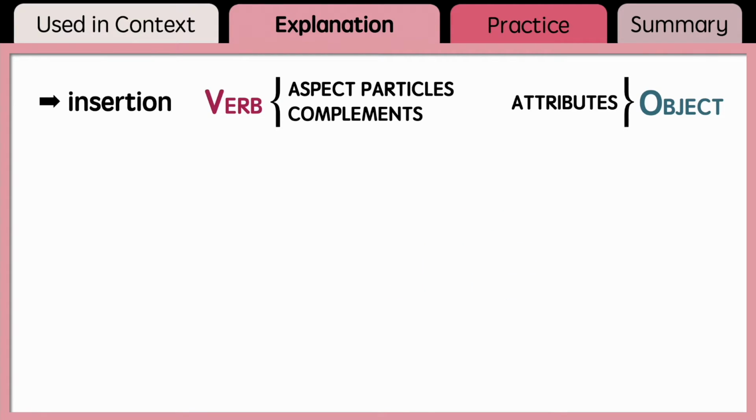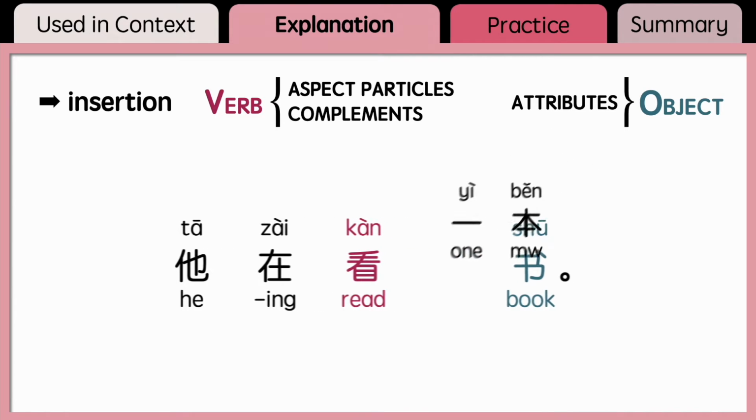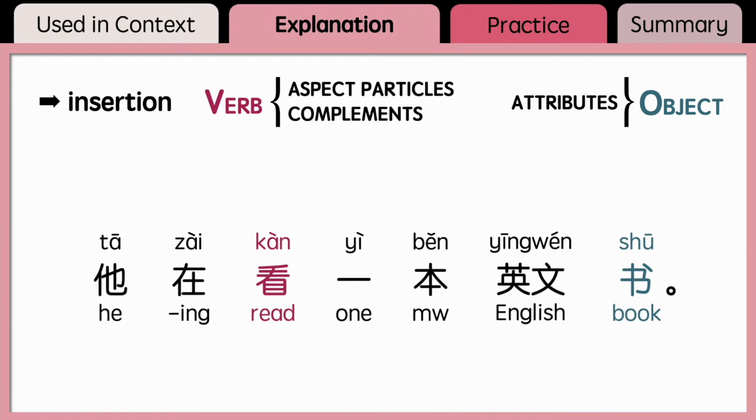Let's take a look at another example. In the sentence 他在看书, 看书, which means to read, is used alone as a verb. But you can also add a measure word 一本 before the object part 书 and say 他在看一本书. You may also add nouns such as 英文 as an attribute and say 他在看一本英文书.